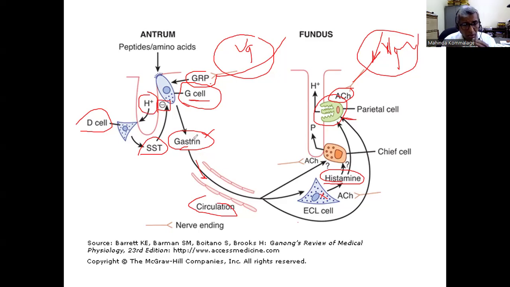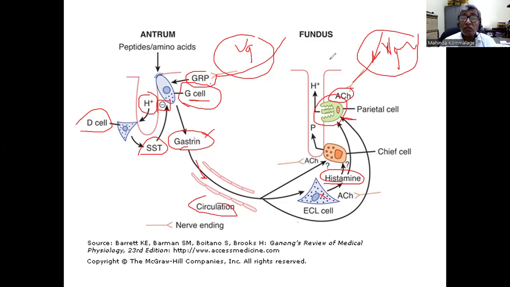So now you can see that gastric secretion is very well regulated. If it is increased, it can inhibit the production. If it is required, like with vagal stimulation when the food comes, it increases the production of HCl, because HCl is required for digestion and so on, right?